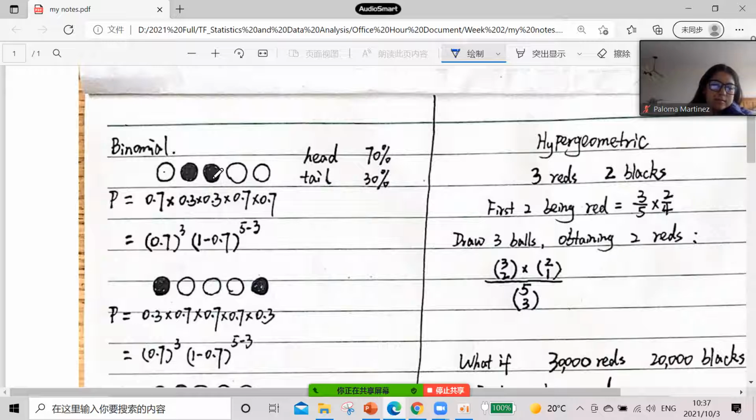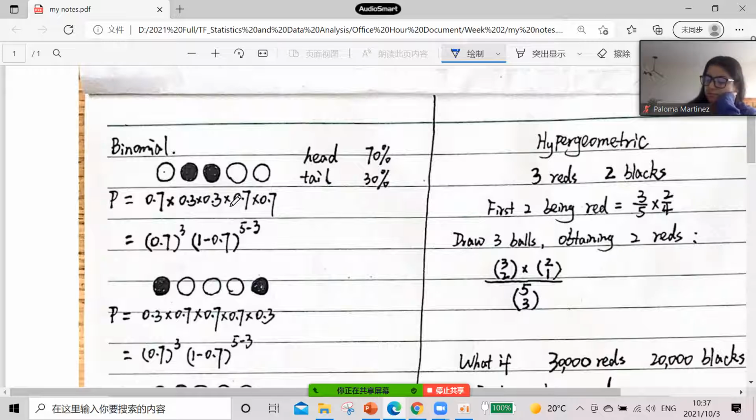So to answer this question, you just need to multiply the probability of each observation. For the first one, getting a head, the probability was 70%. The second one, getting a tail, the probability is 30%, and so on and so on. You just multiply them together because those are independent events, right?